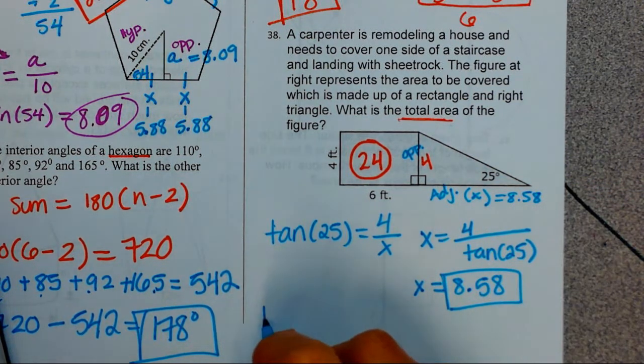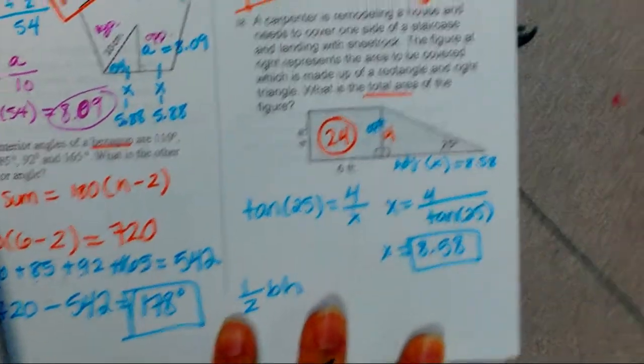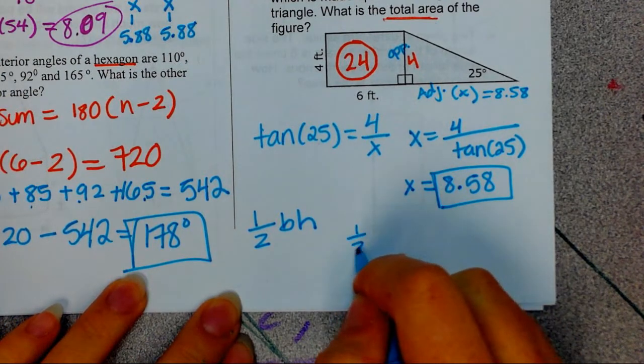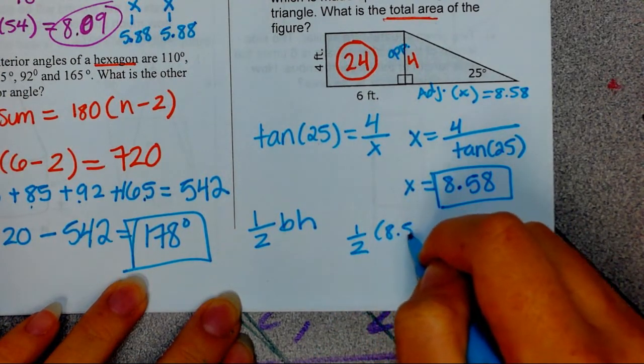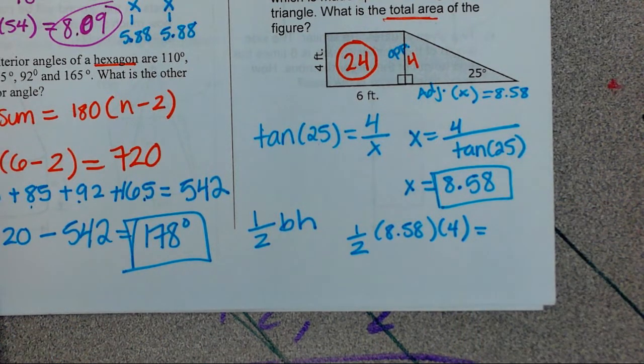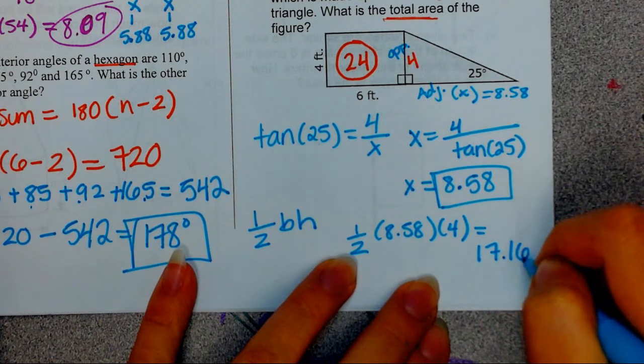Area of a triangle is 1/2 base times height. So then that would become 1/2 times 8.58 times 4. So that's equal to 17.16.